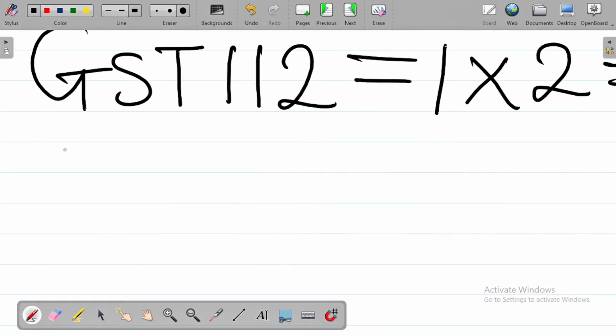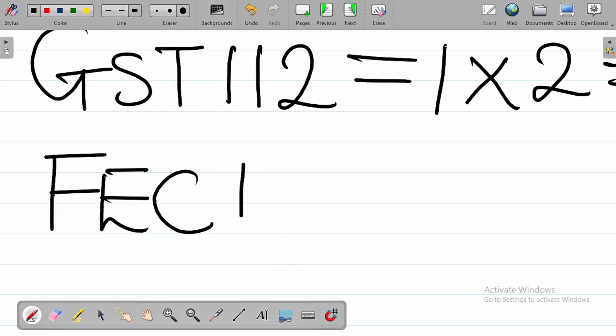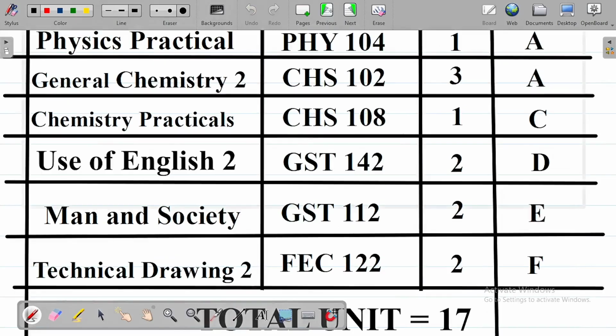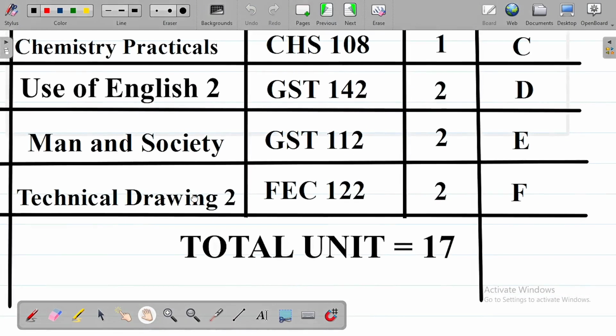All right, let's consider the last course, which is PEG 122. Let's confirm the points and units. PEG 122 is Technical Drawing 2, and it is a 2-unit course, and the student has F. That means the student has carryover.